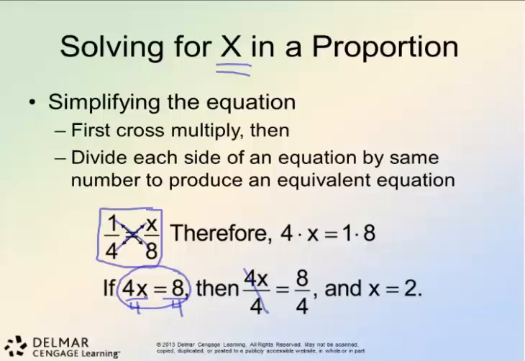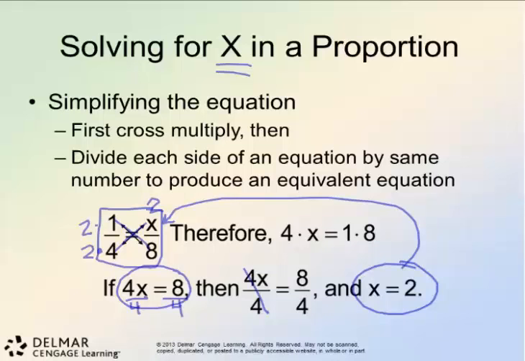And when you divide by 4, you get 1x, which is just x, is equal to 2. So that numerator of the second fraction is 2. And I think that makes complete sense, because if these fractions are equal, 4 times what is 8? Well, 4 times 2. So you'd have to multiply the first fraction by 2 over 2, and 2 times 1 is 2. That shows you x had to be 2.